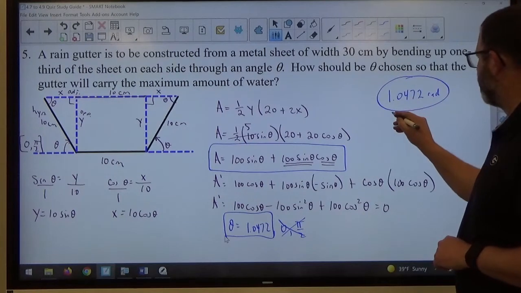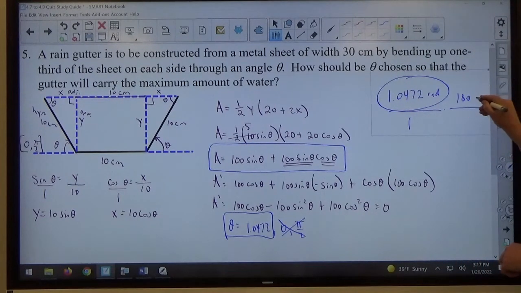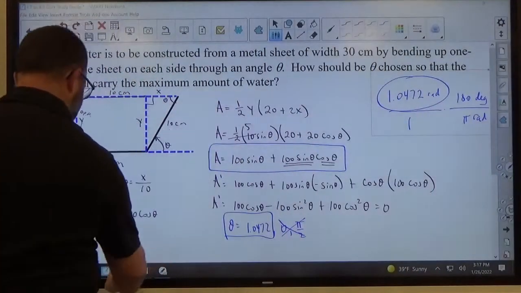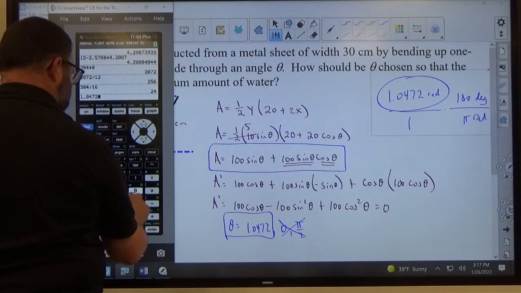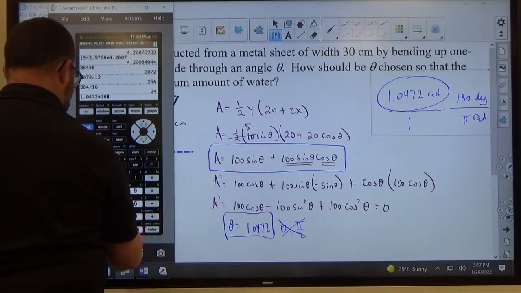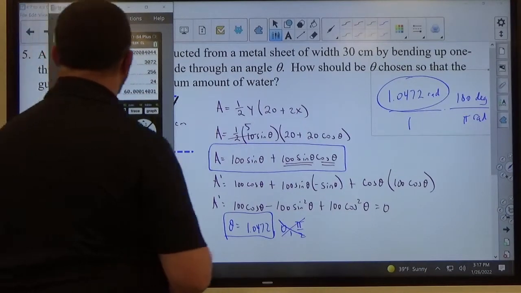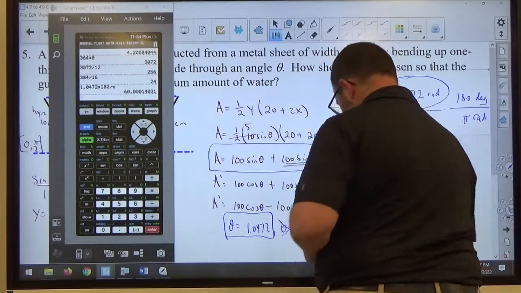If I change that to degrees, 180 degrees is pi radians, so I just have to multiply by 180 divided by pi. So I'm going to get 1.0472 times 180 divided by pi, 60.00, so 60 degrees would be the degree answer for that one.